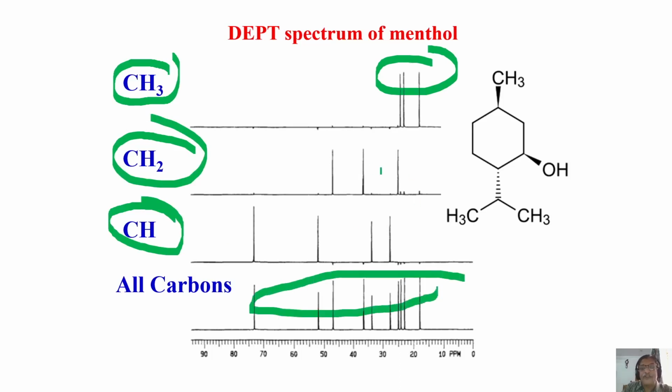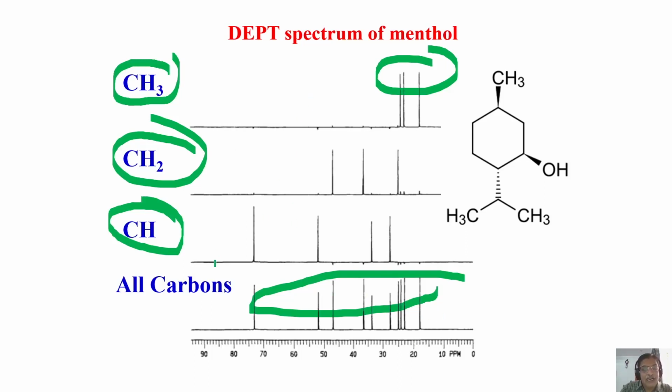How did I get only these? This is what I said. 3 experiments you do. Once you get only CH, once you get all positive, once you get 2 positive and 1 negative in the 135 experiment. Now there is a multiplication factor for this so that you can scale the intensities equally. Then making addition or subtraction of corresponding 1 or 2 spectra, you can do the editing in such a way that from this normal spectrum, you can subtract the CH only spectrum, then you get other carbons.